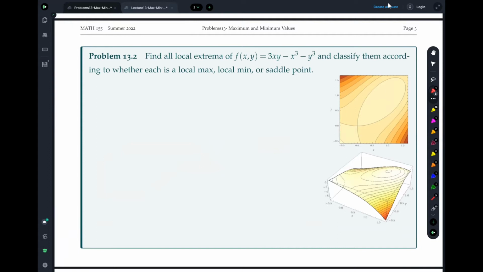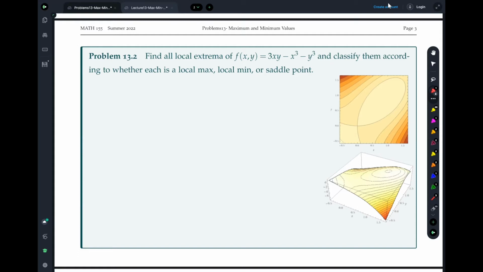So before you do that, let's just run through, shout out what are the steps we're going to take. So how do we find our critical points? What's the first thing we do? Find your partial derivatives, great. And then what do you do once you find your partial derivatives? Set them to 0, great, and solve them. And then how do you classify your critical points into whether they are minima, maxima, or a saddle point?